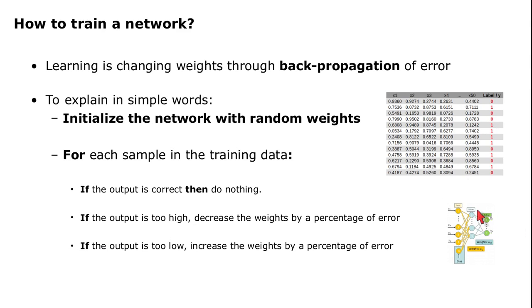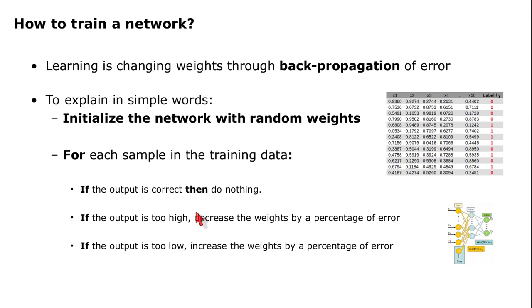If the output that is obtained is also equal to 1, then nothing has to be done. But if the output is too low, that means instead of 1, the output happened to be, let's say, 0.3, then the difference between the true value of the output and the value that is obtained is 0.7. So you would increase the weights of the output layer and the hidden layer by taking a percentage of the error.